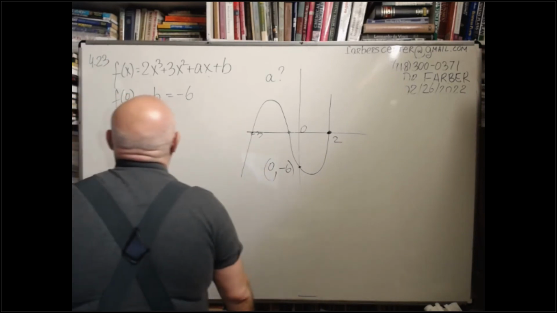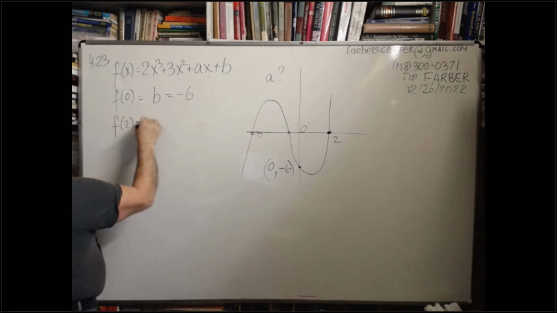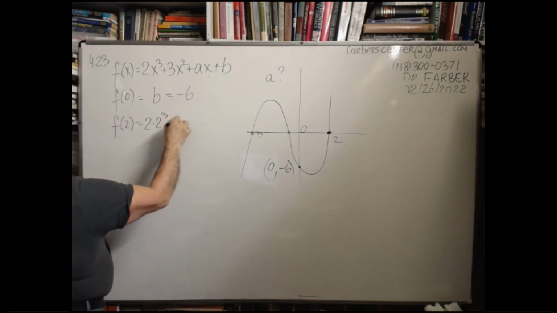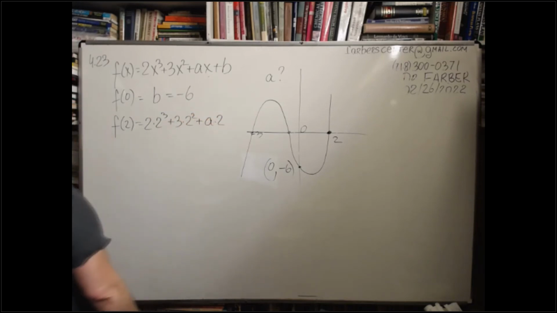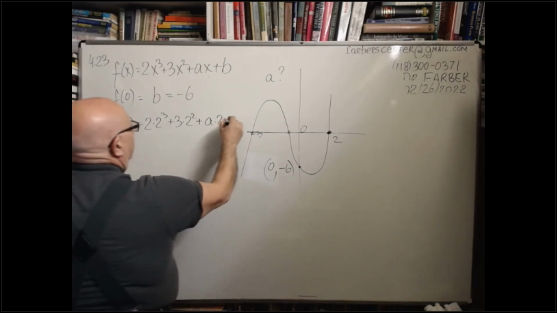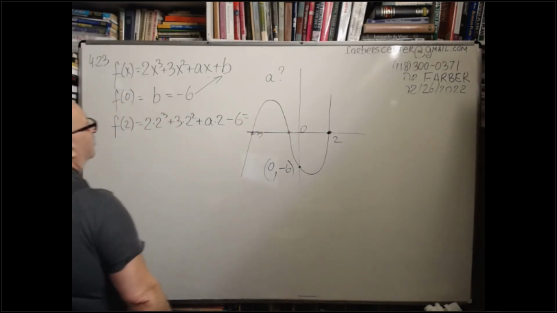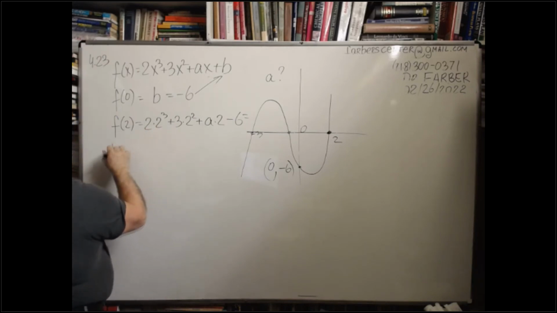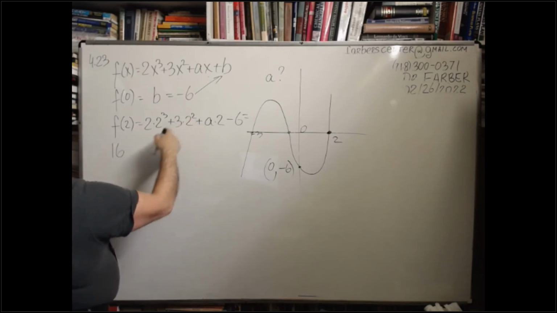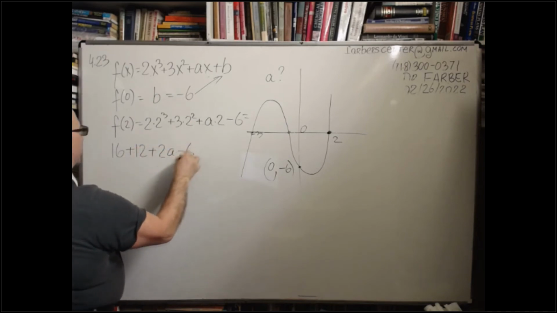When x equals 2, f of 2 equals 2 times 2 to the third plus 3 times 2 to the second plus a times 2. And instead of b, I plug in -6. 8 times 2 is 16. 4 times 3 is 12. Plus 2a minus 6.